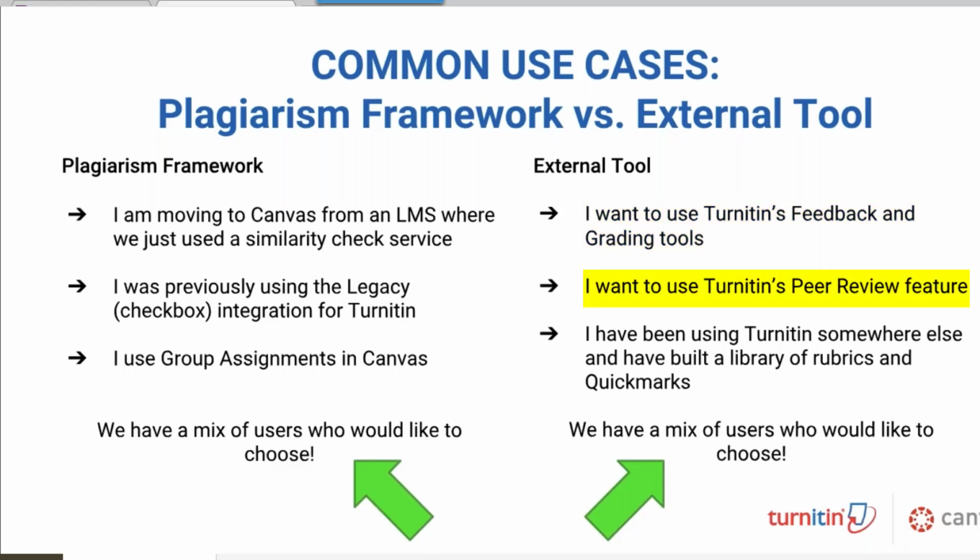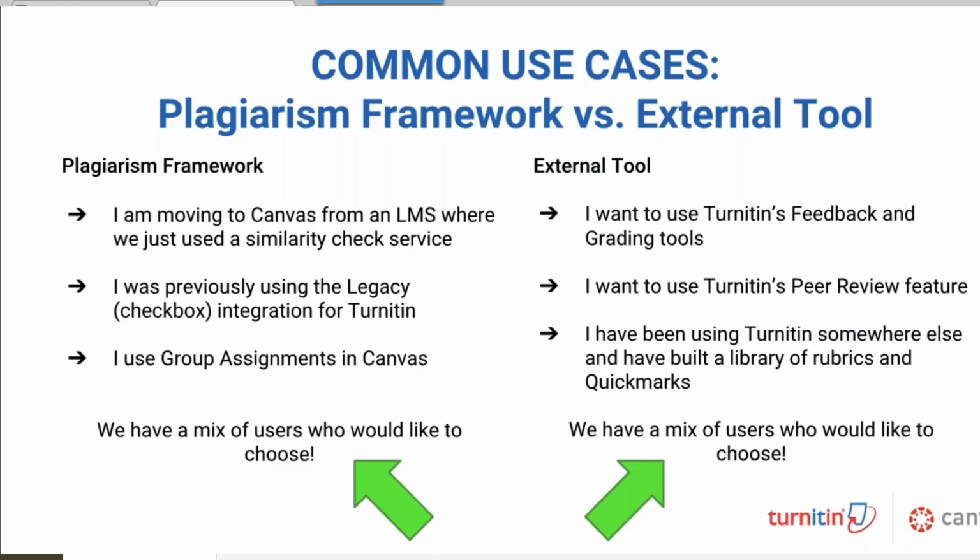You may also use Turnitin's peer review feature, in which case you would also want to continue using the external tool. You may have built rubrics inside of that grading tool. Basically, if you simply want to keep using the grading tools or the peer review tools that you've already created inside of Turnitin, then continue to use Turnitin as the external tool.